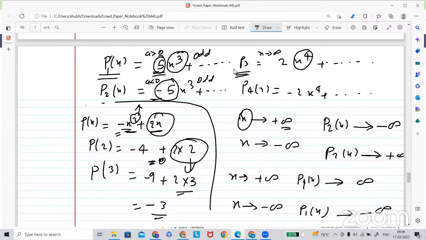If x is negative in P3, then the even degree will make it positive, and then P3 will be positive at positive infinity. If x is negative, then even degree will make it positive, so P3 will be positive also.